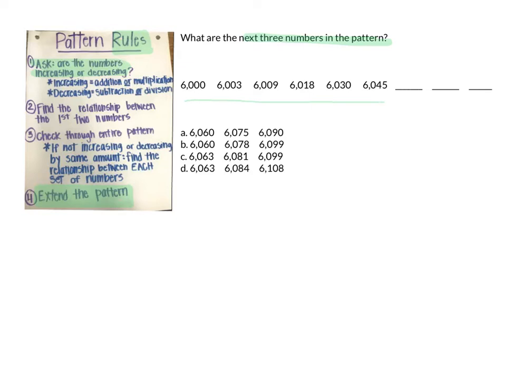Our numbers are getting bigger. They're increasing. So go back to our anchor chart again. Take a look at increasing. If our numbers are increasing, then we're either going to be adding or multiplying.